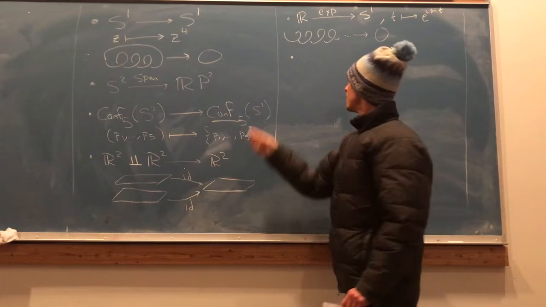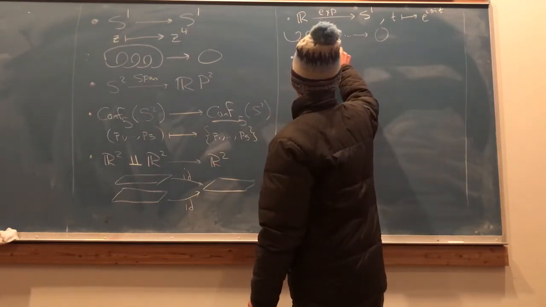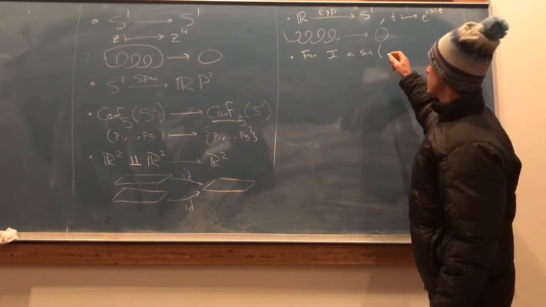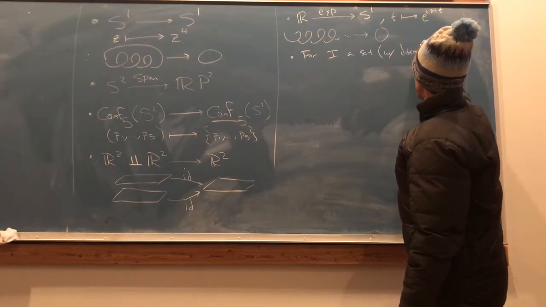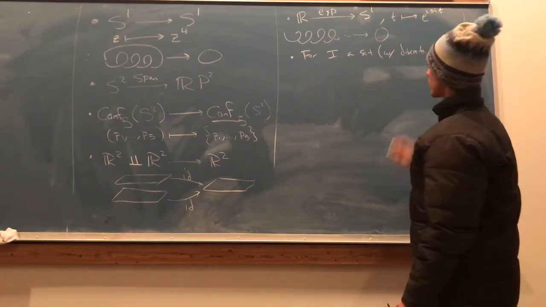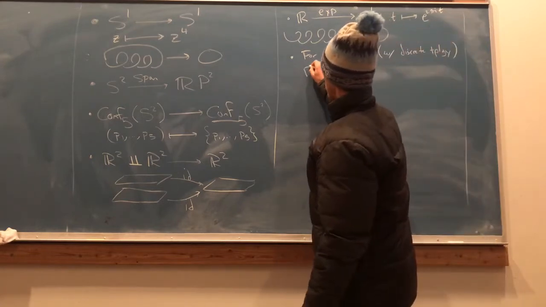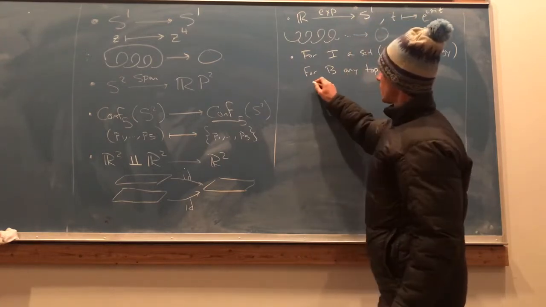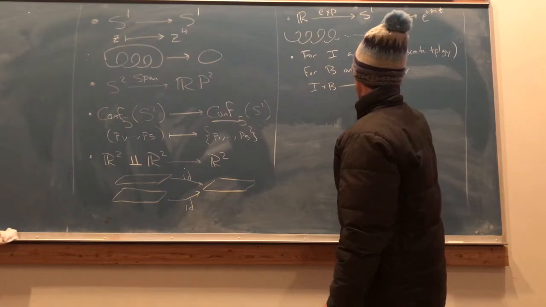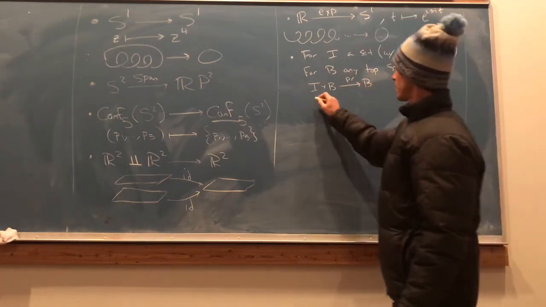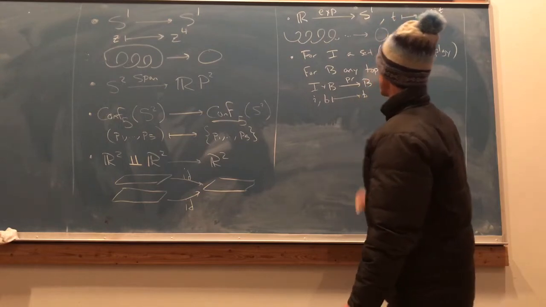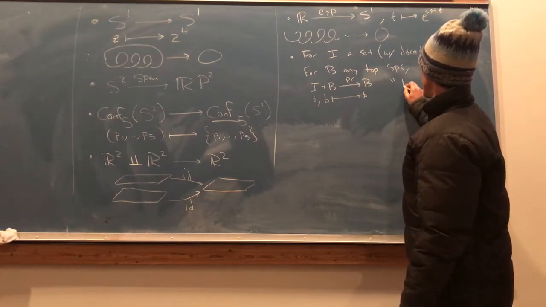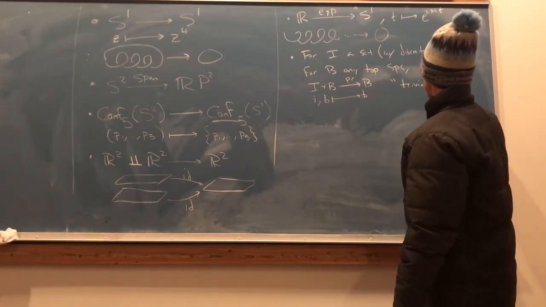Generalizing this last one, for I a set, which we regard as a topological space with the discrete topology, and for B any topological space, then I cross B to B, just given by a projection, is a covering space. And this will be an example of what's called a trivial covering space.